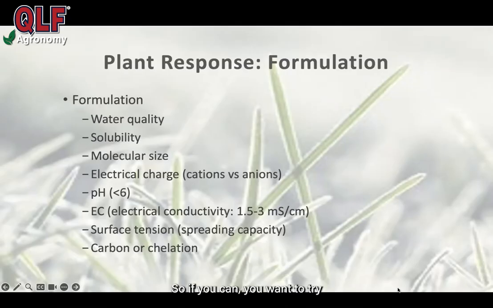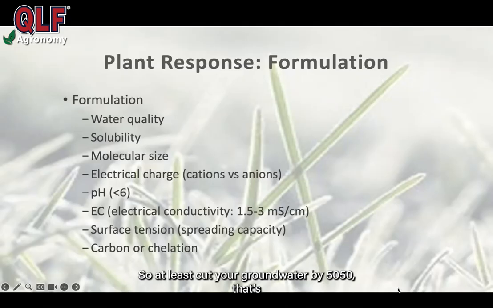If you can, you want to try and invest in saving and storing rainwater. That can help. Even if you can't use 100% pure rainwater for your foliar applications, even if you could use it as a dilution, so at least cut your groundwater 50-50, that's going to dilute out some of those contaminants. So any way in which you could store some rainwater or snowmelt is going to be advantageous.